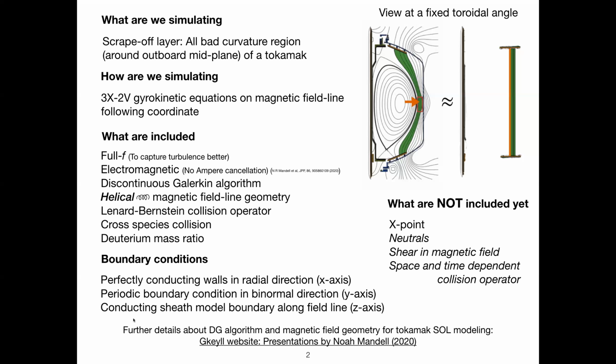We have these boundary conditions. And further details about the discontinuous Galerkin algorithm and magnetic field line following geometry regarding tokamak SOL modeling, you can find on the Gkeyll website in this section, in the presentations of Noah.